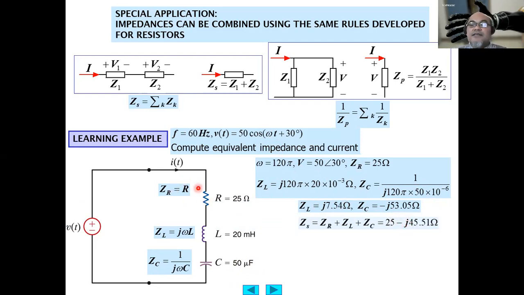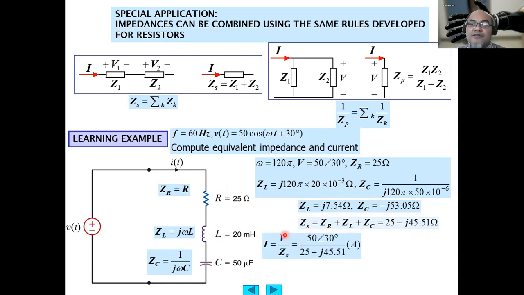Zs, the total series impedance, will be equal to ZR plus ZL plus ZC. 25 here is the resistance, while the components with J are the reactance. We can just add up J 7.54 minus J 53.05, so this becomes minus J 45.51 ohm.